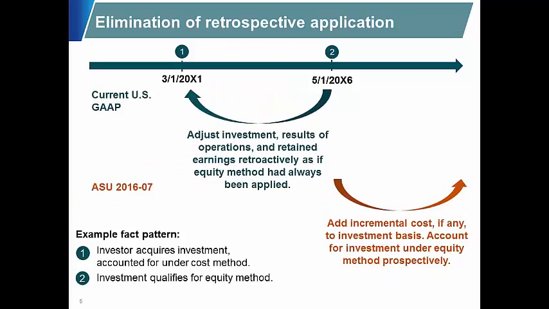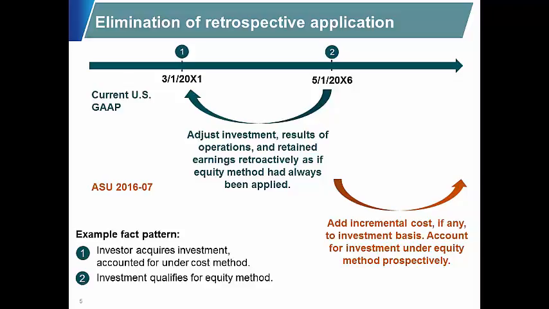Sure, Casey. Under current GAAP, if we have the example on the slide of date 1 and date 2, with date 1 being the acquisition date and date 2 being the date that you transition to the equity method of accounting, on date 2, when the transition to equity method accounting occurs, the investor has to go back and do a fair value allocation to the assets and liabilities of the investee as of date 1.